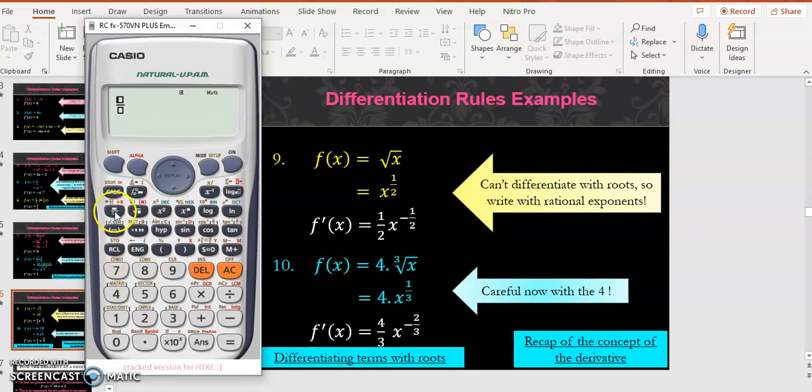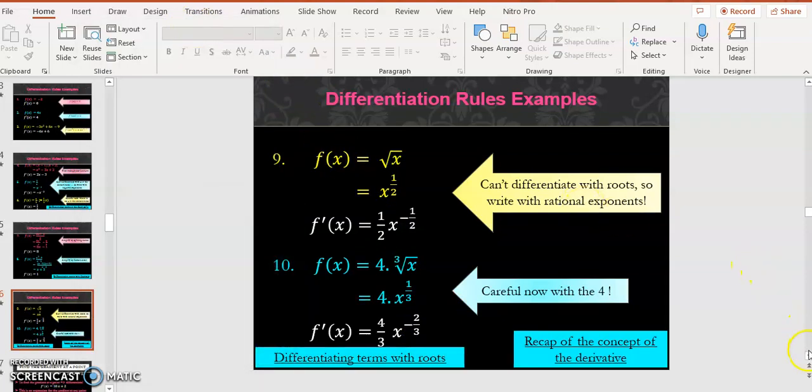Now it is 1 over 3 minus 1, which is going to give us minus 2 over 3. So for this one, you don't just waste your time. You use your calculator to get it right. So we have minus 2 over 3.